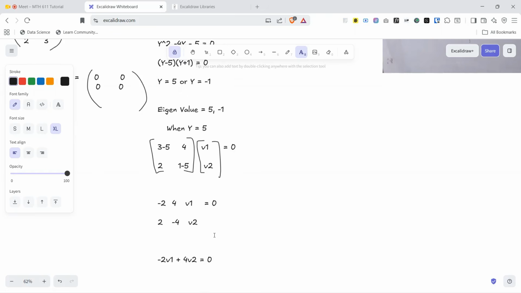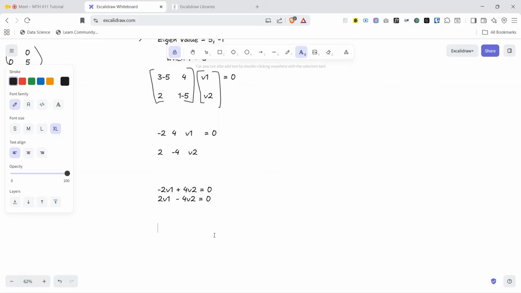Then for the second one, 2v1 minus 4v2 equals 0.